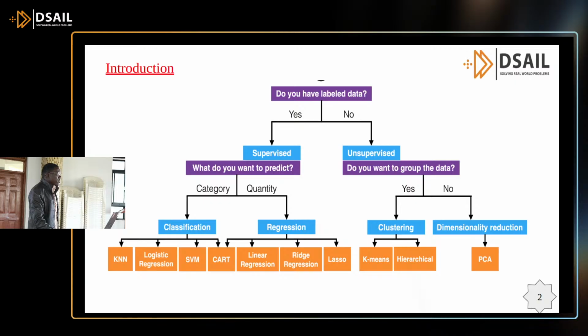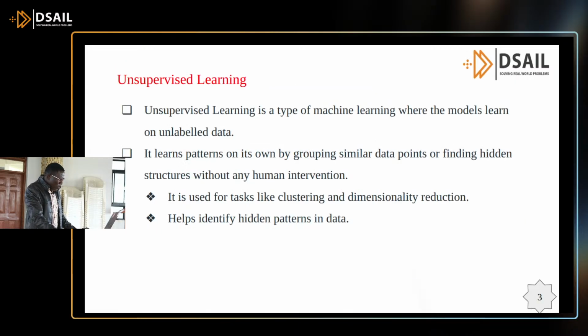And in some cases, you have a big data set, you have a portion of the labels, and the rest doesn't have. Then you may end up with things like self-supervised learning. In this case, we're going to focus on the second part where we don't have the group labels, and then we ask, do you want to group your data? It ends up with clustering. And if you want to reduce the dimensionality, we end up with things like PCA.